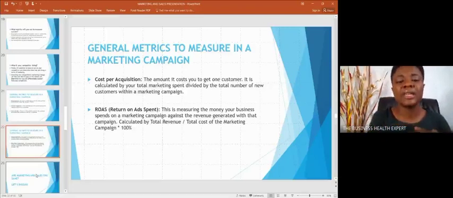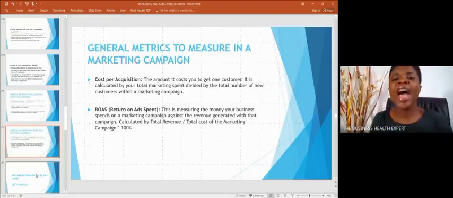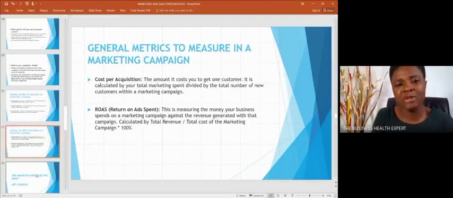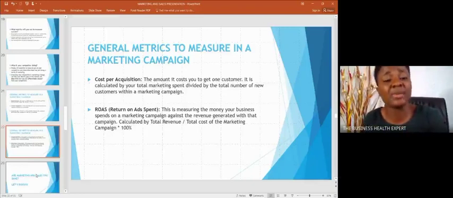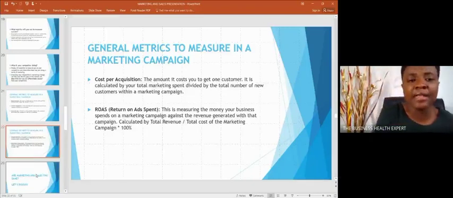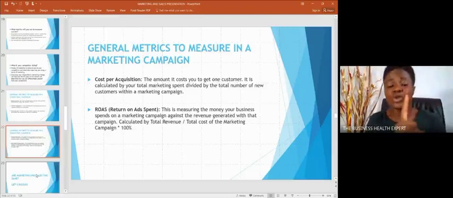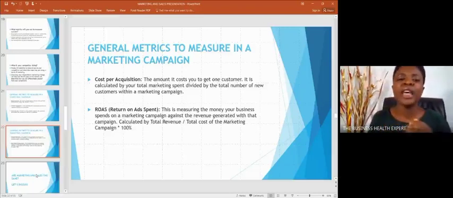You spend 10,000 naira on your marketing efforts, and let's say 10 customers actually reach out to you. It's just an example. So your cost per acquisition is 10,000 naira spent on marketing divided by 10 customers that reach out to you. That's 1,000 naira spent to get a customer. So it helps you know whether you are doing well or not.